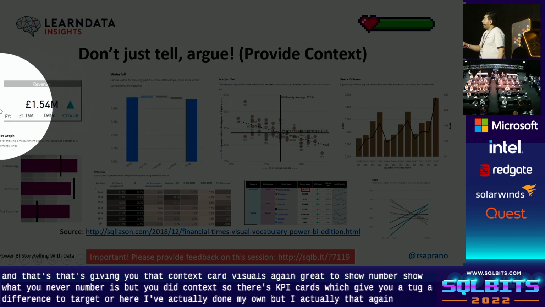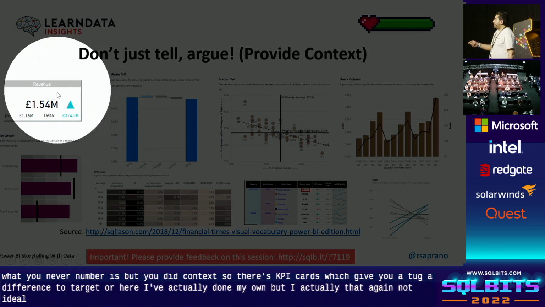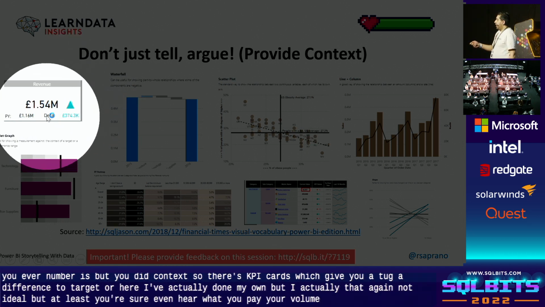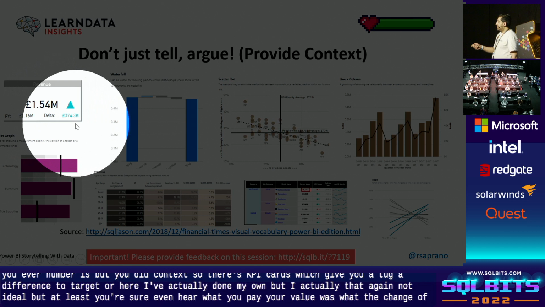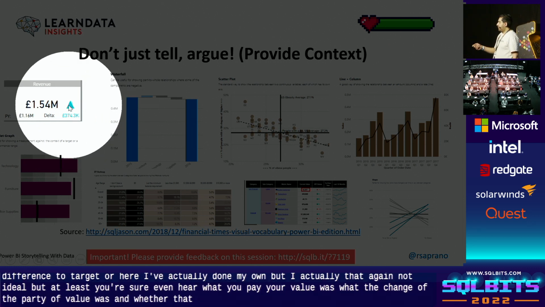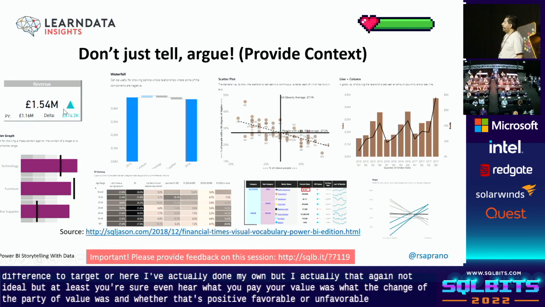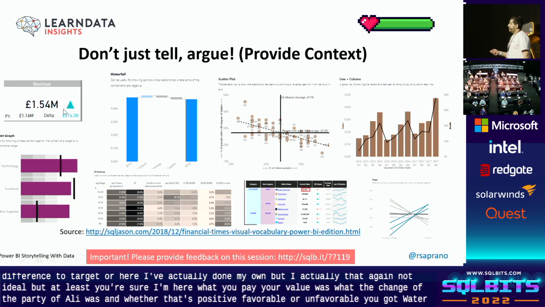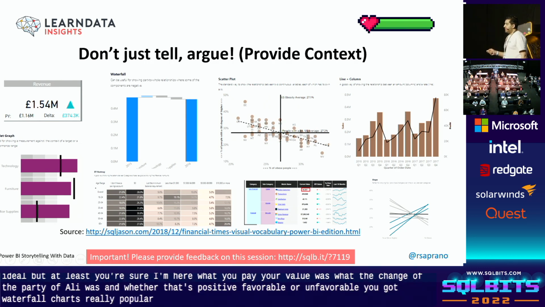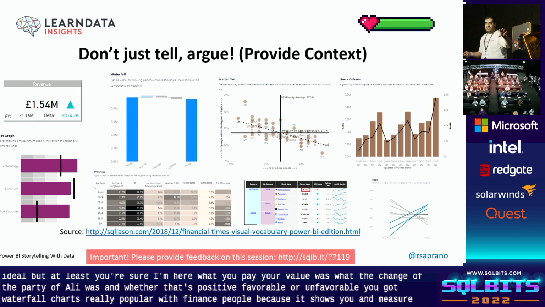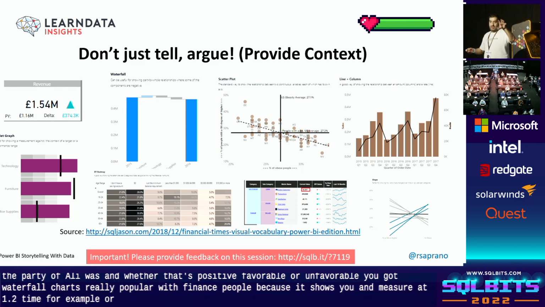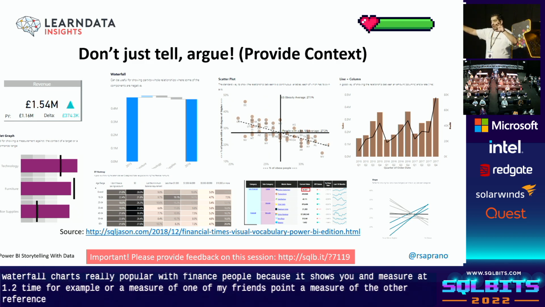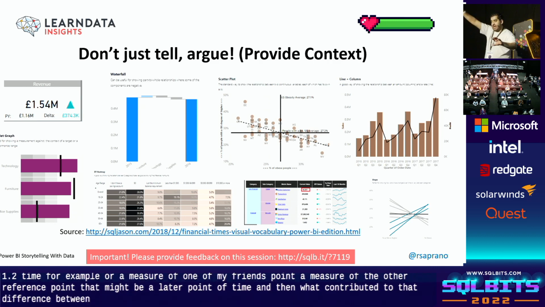Again, not ideal, but at least you're showing here what your prior year value was, what the change in the prior year value was, and whether that's positive, favorable, or unfavorable. You've got waterfall charts, really popular with finance people because it shows you a measure at one point in time, for example, or a measure at one reference point, a measure at the other reference point, it might be a later point in time, and then what's contributed to that difference between 1 million and 10 million.